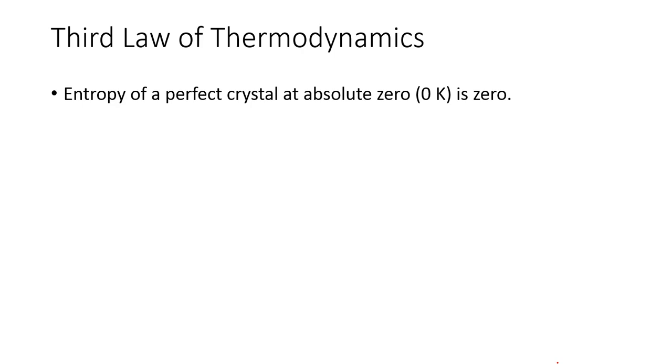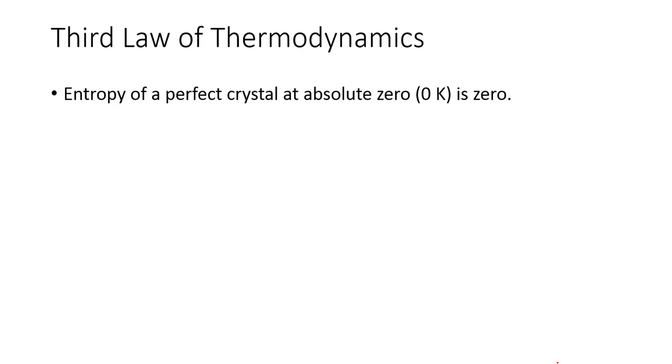What it means, this information is important, because it tells us that there is a certain point where the entropy of a substance is zero. And that is given by the third law of thermodynamics, which says that the entropy of a perfect crystal at absolute zero is equal to zero.